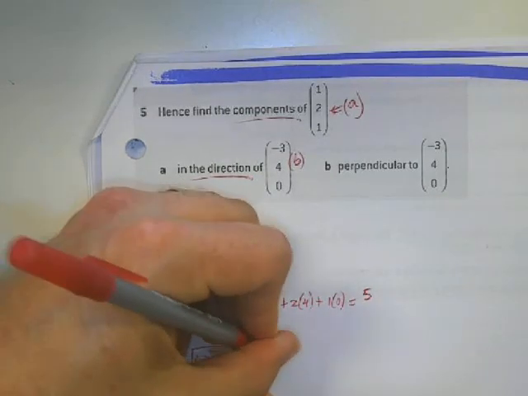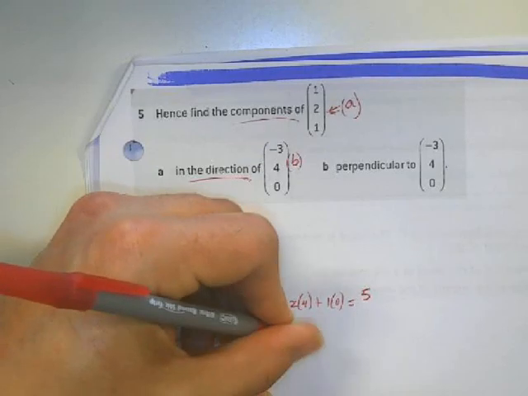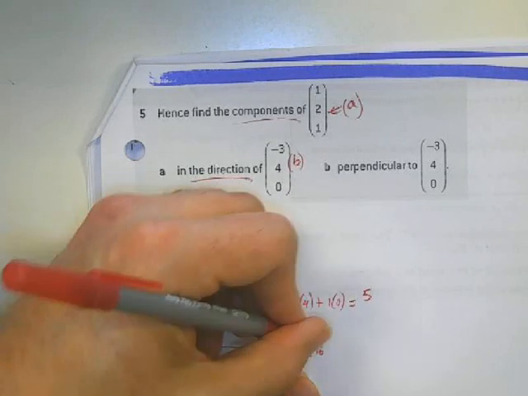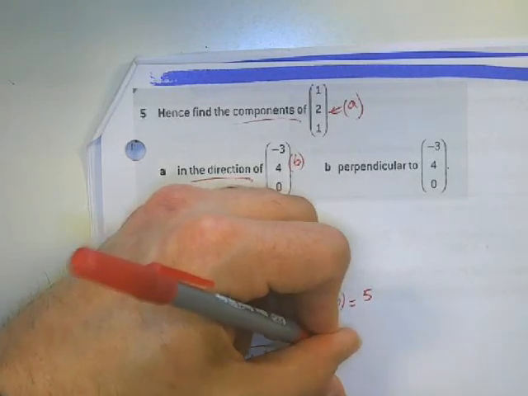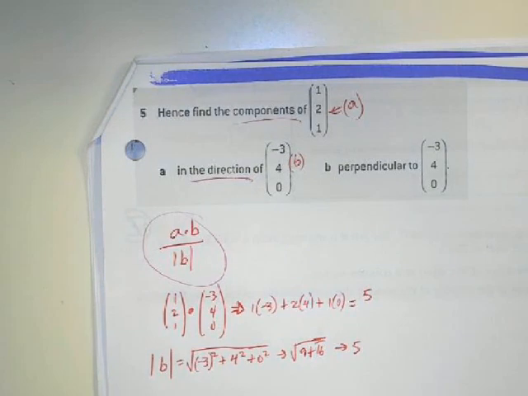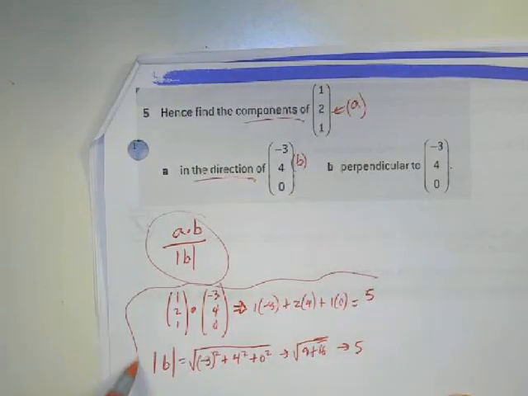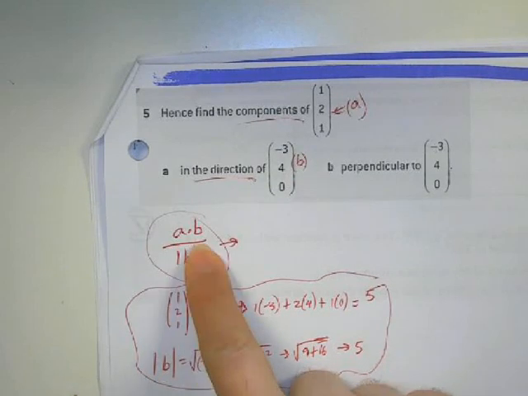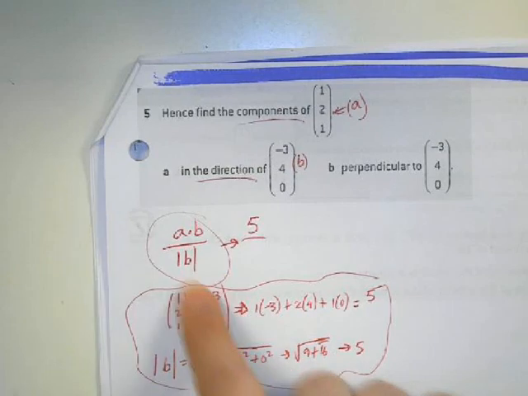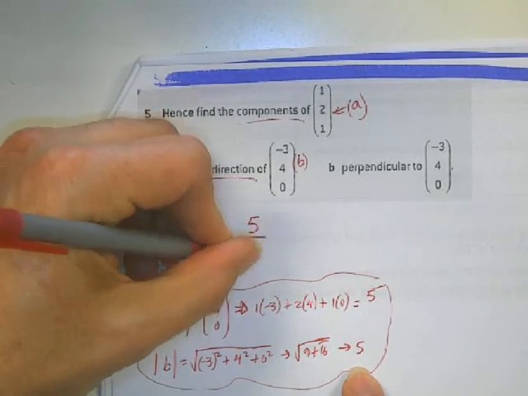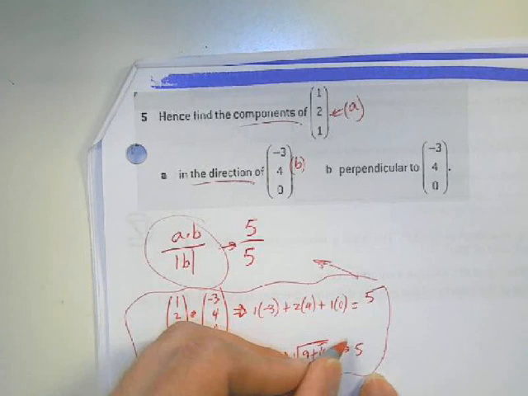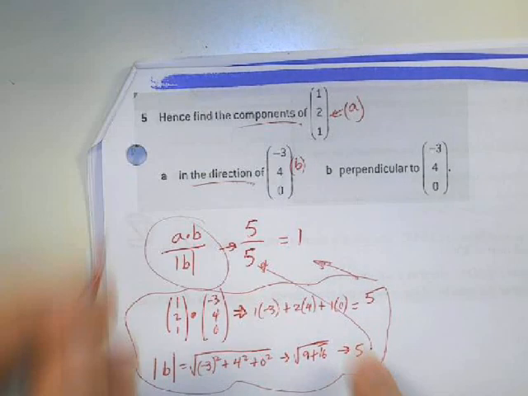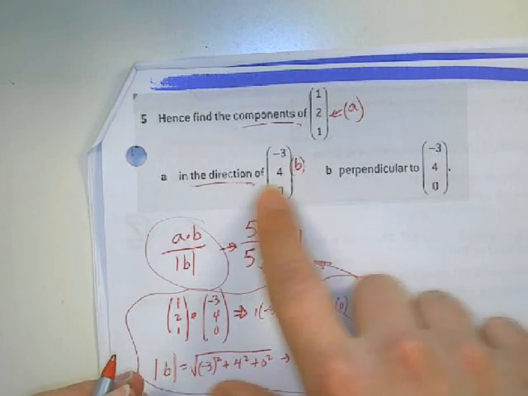That's going to give me the square root of 9 plus 16, which is 25. Square root of 25 is also equal to 5. So using this information, A dot B is 5, and the magnitude of B is also 5. So the component of this in this direction is 1.